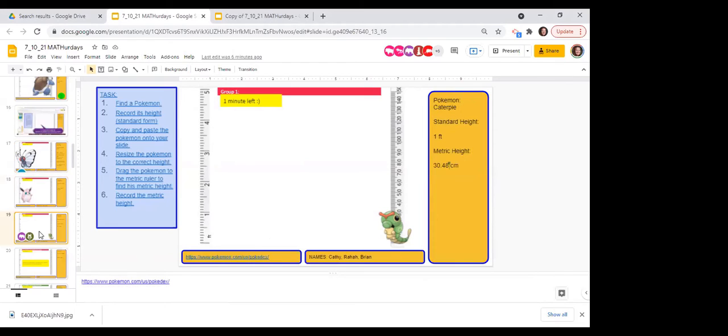So this is a great way to look at it in terms of proportions as well, because you're using conversion factors to go from one unit to another, and you're also crossing from a customary measure to a more metric measuring system. So it allows students to see, oh, I can work both systems and find out what the equivalent is in a different system than what I may be customary to.